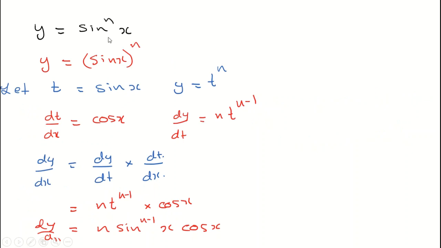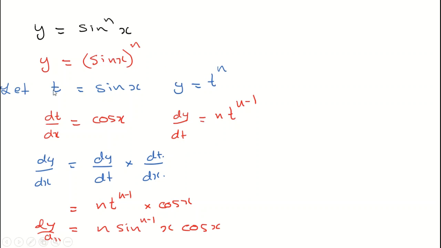If y is equal to sin to the power n of x, then you can write this as y equals sin x to the power n. These two are the same. So t is equal to sin x, you take, then y is equal to t to the power n, because this is taken as t.